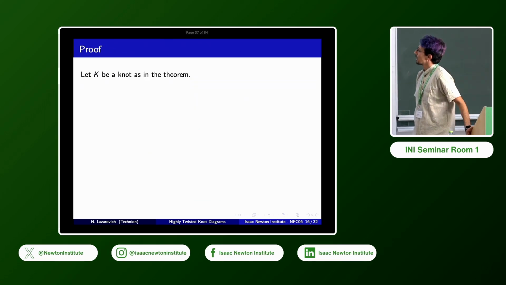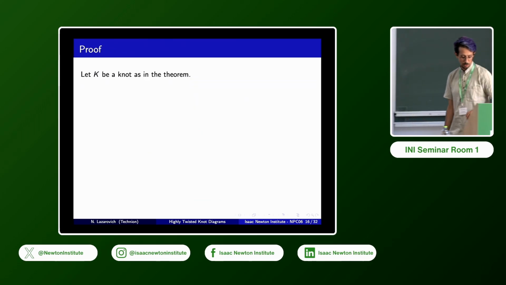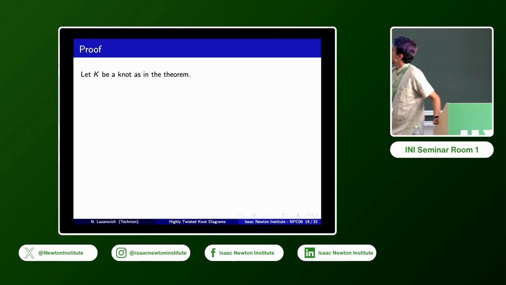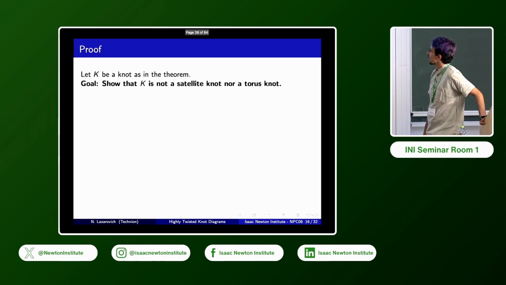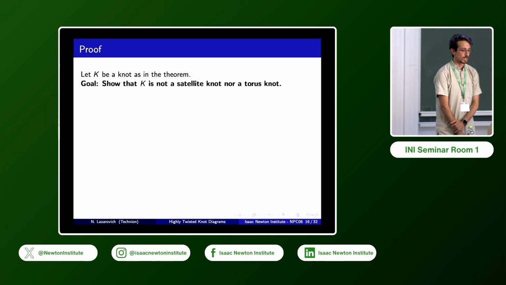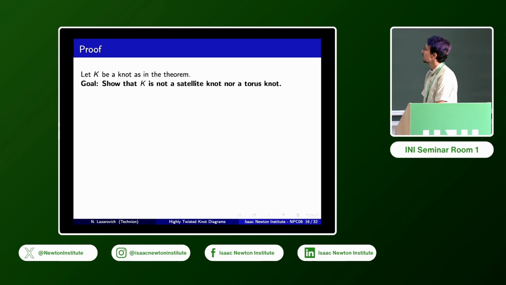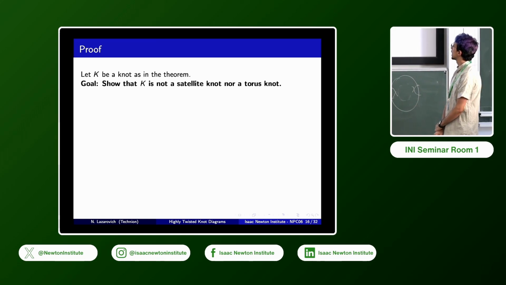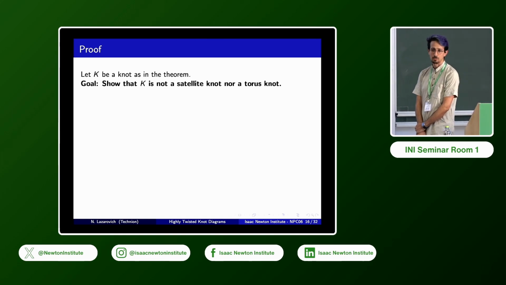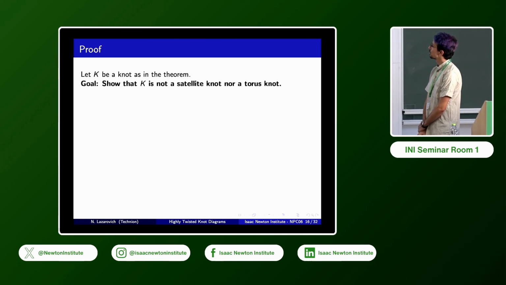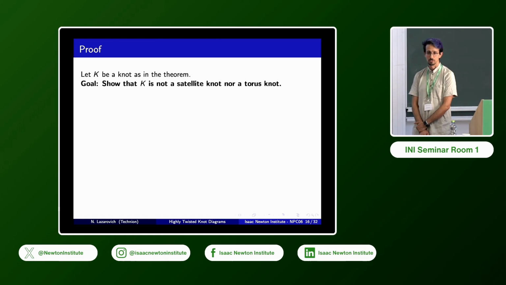Okay, let's maybe talk about, I'll give you some details of the proof, but not all. So we want to show, following Thurston, that the knot is not a satellite, nor a torus knot, and the key feature of satellite and torus knots is the fact that they have either a non-trivial torus inside your knot complement or a non-trivial annulus.